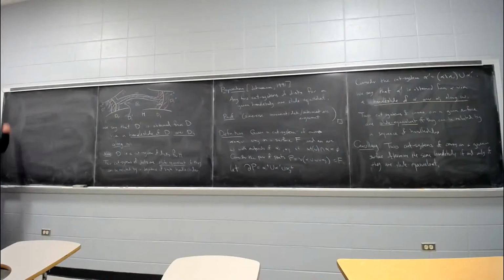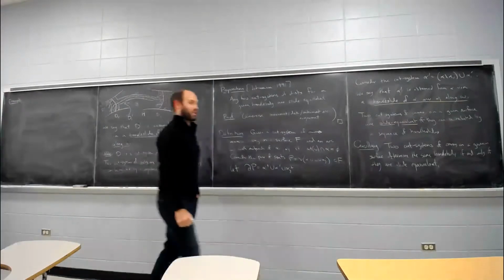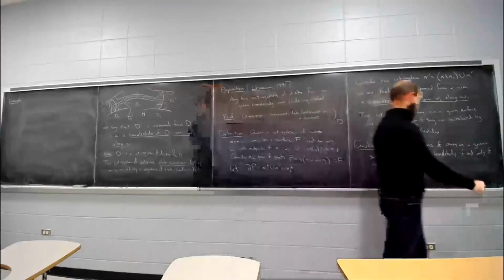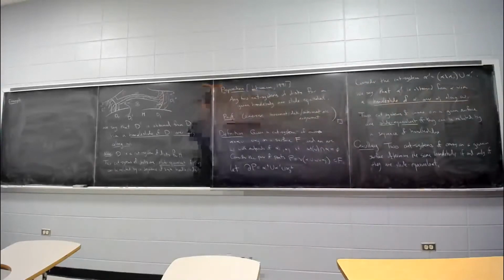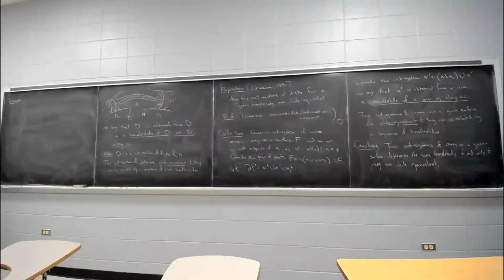What do you mean by determining the same handle body? Good question. Of a fixed genus, yeah. So the natural notion that you probably want is that it is diffeomorphic rel boundary, which means the diffeomorphism should restrict to the identity on the boundary, which is why you want to take care to consider these handle bodies as filling the same fixed surface.